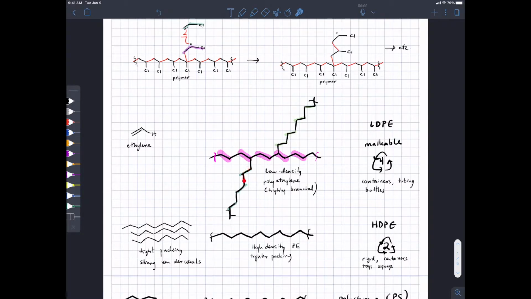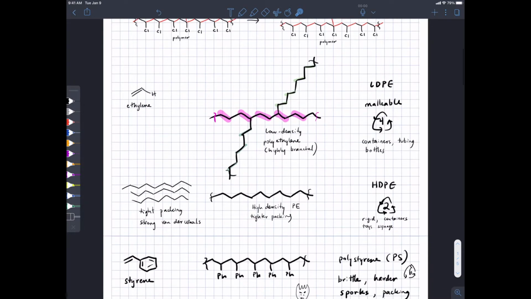If there's a lot of branching, it's called LDPE, which stands for low density polyethylene. This is highly branched. It has the recycle code 4. It's often used in food containers, bottles, tubing. It's very flexible. In contrast, if you don't do a lot of branching, you've got what's called high-density polyethylene, or HDPE, recycle code 2.